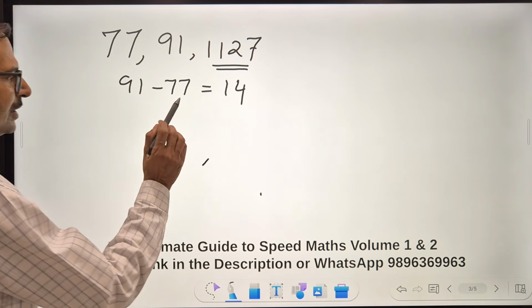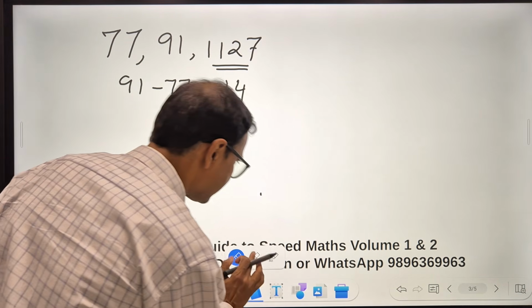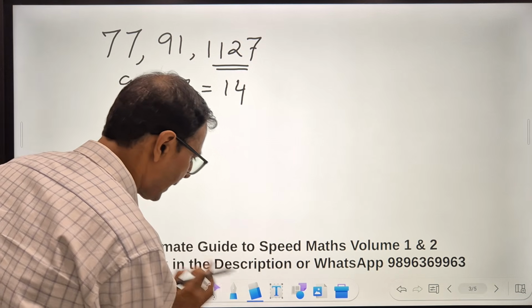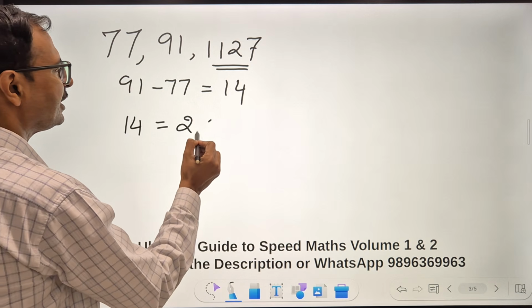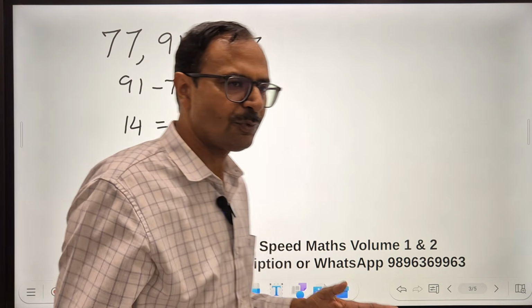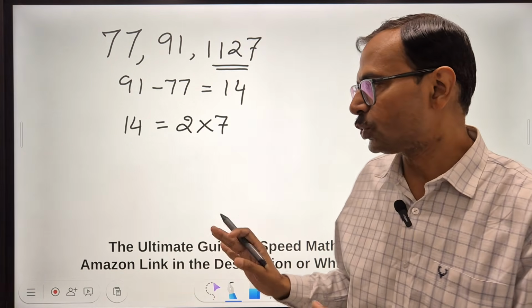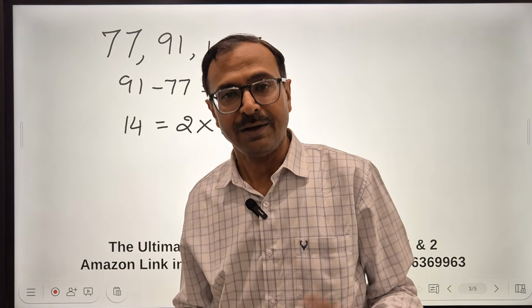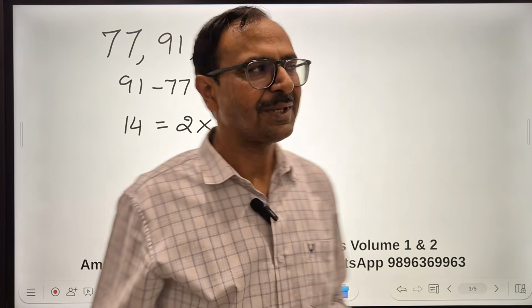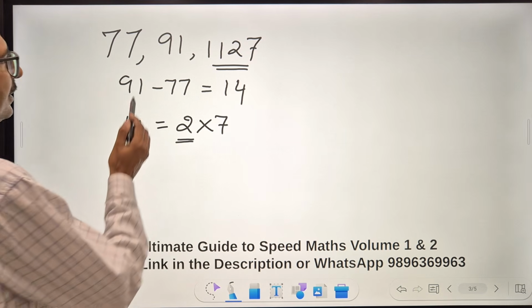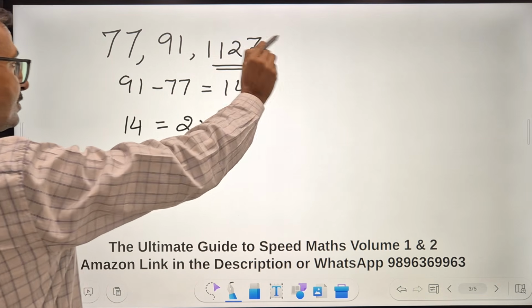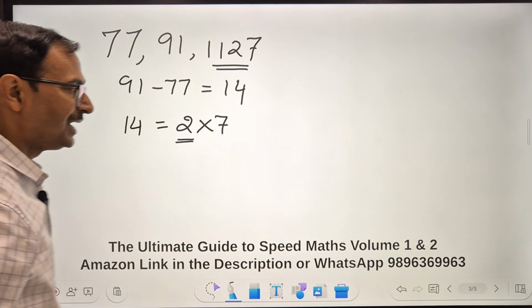Now if it is less than 14, what apart from 14 can the possible answer be? Let's erase all these things here. There we go. So 14 basically is 2 times 7. I don't have any other option. 14 can be broken down only as 2 times 7. Now what do I do with 2 times 7? See, this 2 does not divide all three numbers because all three are odd numbers here.